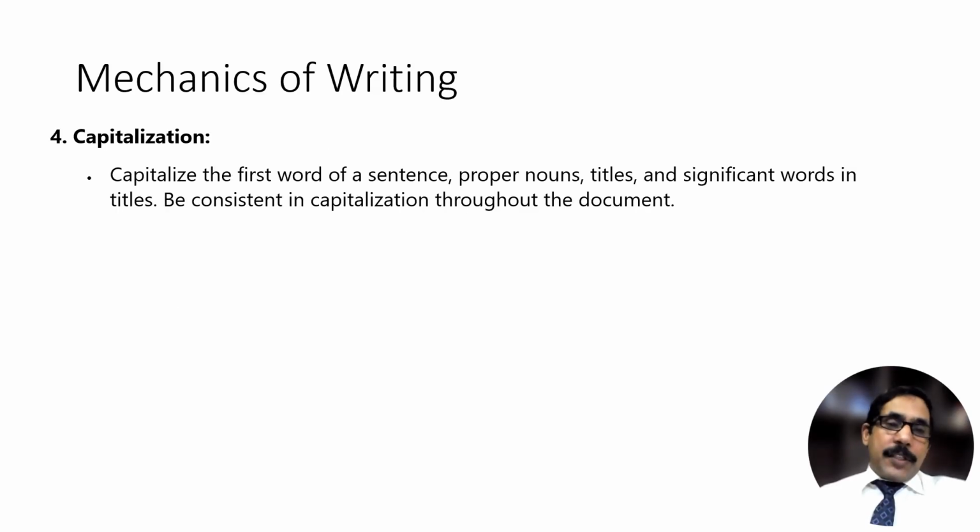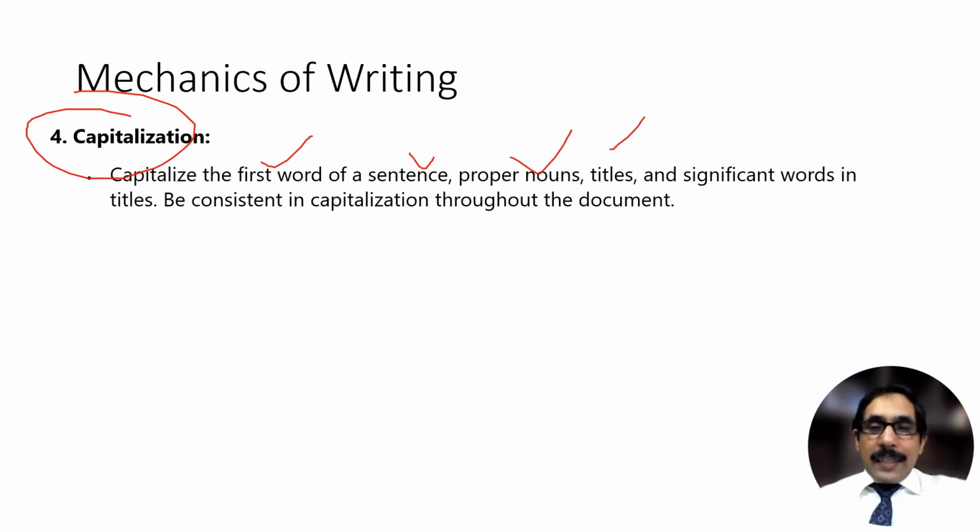Next one is capitalization. Using capital letters. Capitalize the first word of a sentence, proper nouns, titles, and significant words in the title. Be consistent in capitalization throughout the document. Social media has also affected our life, and one of its effects is seen in writing.